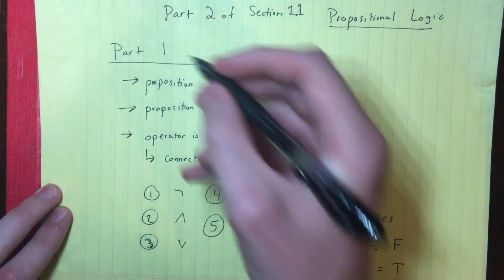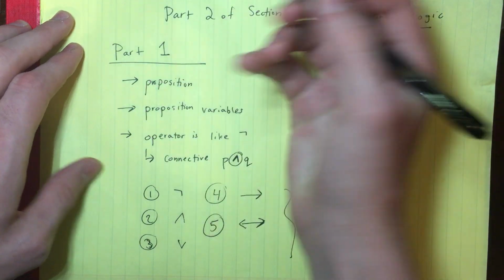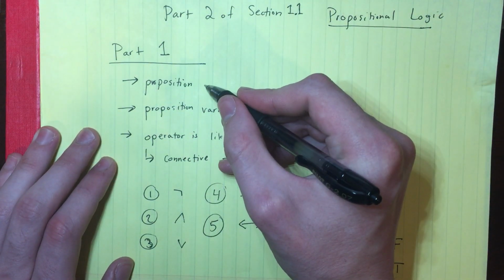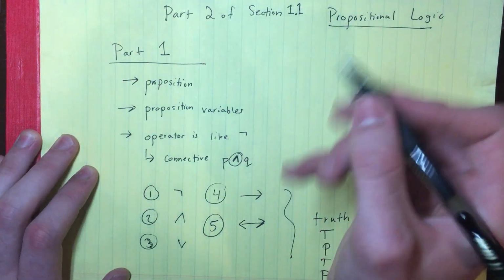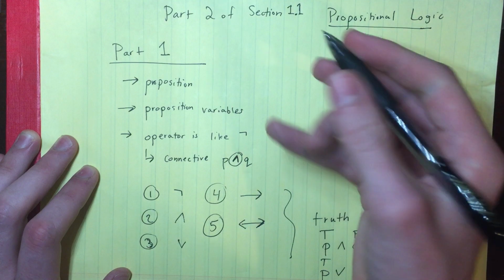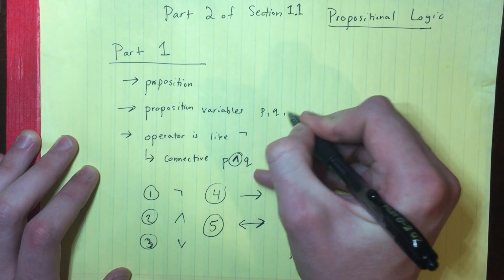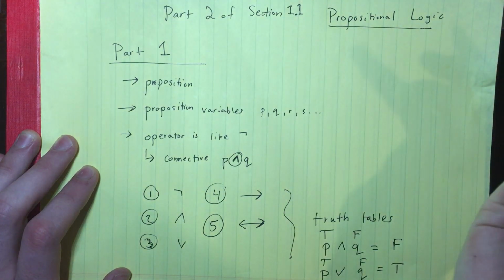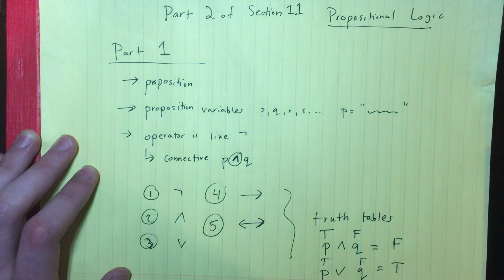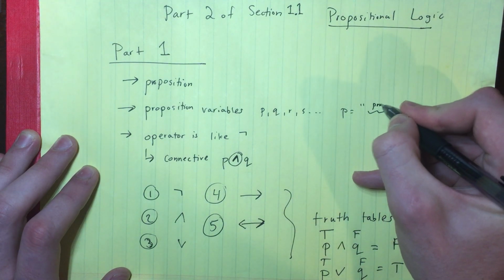In part 1, we learned about propositions. These are true or false statements. We also learned about proposition variables. Basically, it's like P, Q, R, S. This is what people use: P is equal to, and you write your proposition right here.